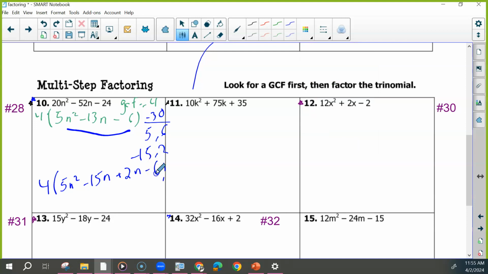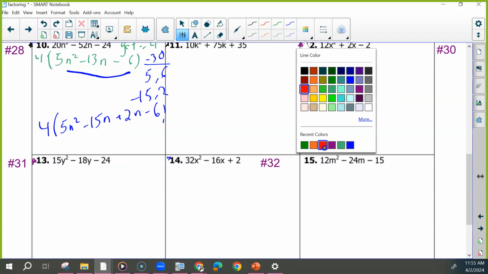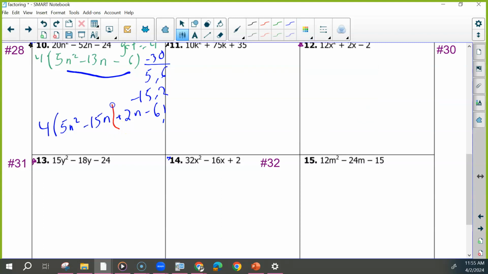Okay. And then split that down the middle, find the GCF of both sides. 5n, yes. Leaving us with, it would be 3 on the other side.